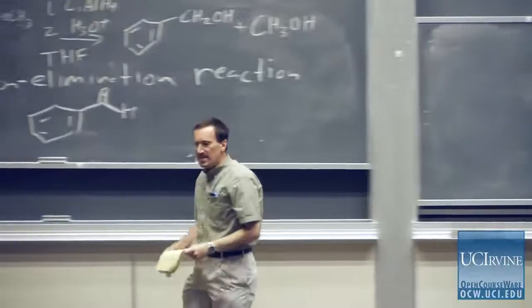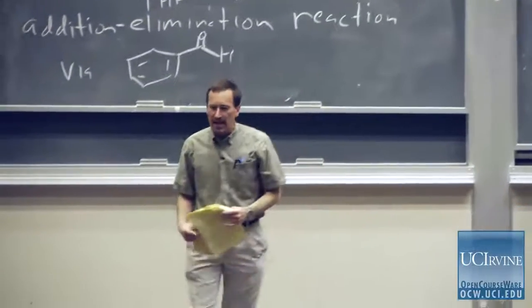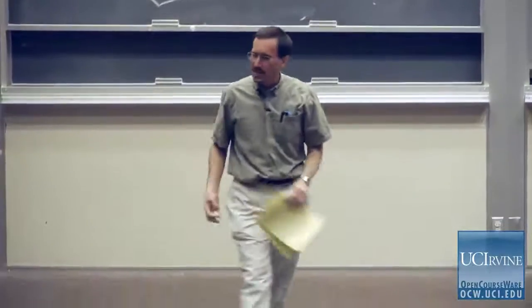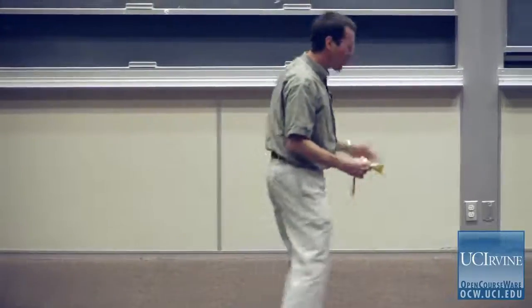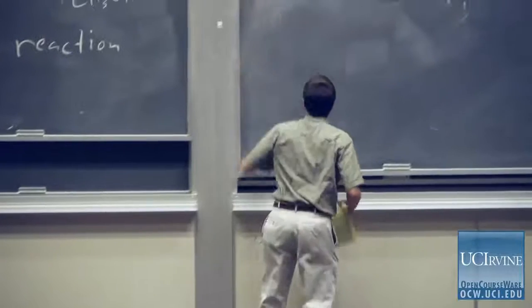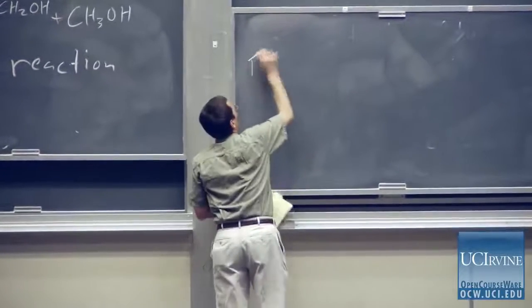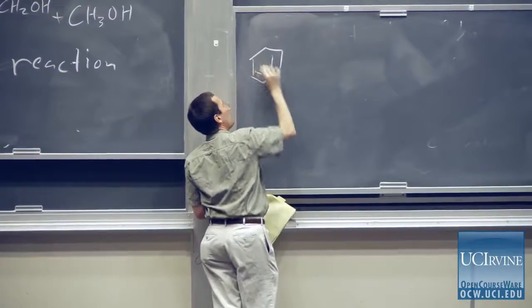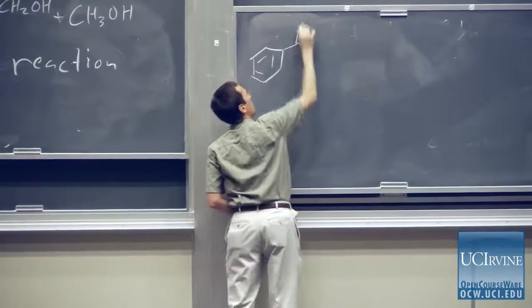All right, so as I said, this is a big mouthful, and I like to break big mouthfuls into bite-sized pieces. So let's think in broad mechanistic terms here. I'll write out our methyl benzoate.